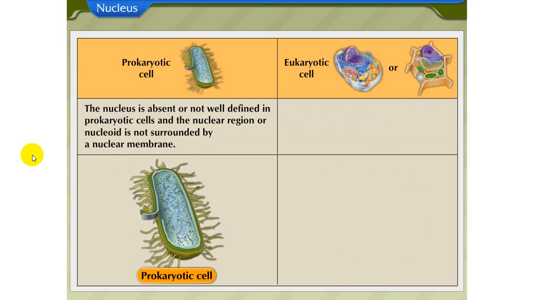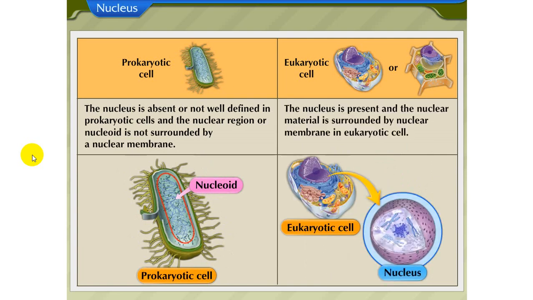The nucleus is absent or not well defined in prokaryotic cells, and the nuclear region or nucleoid is not surrounded by a nuclear membrane. In eukaryotic cells, the nucleus is present and the nuclear material is surrounded by nuclear membrane.